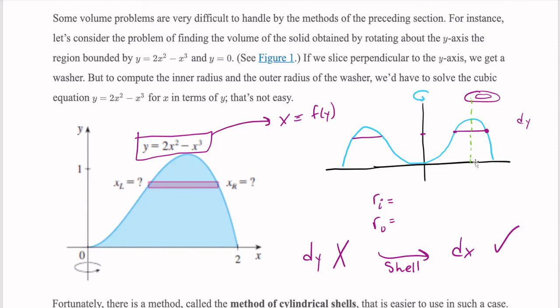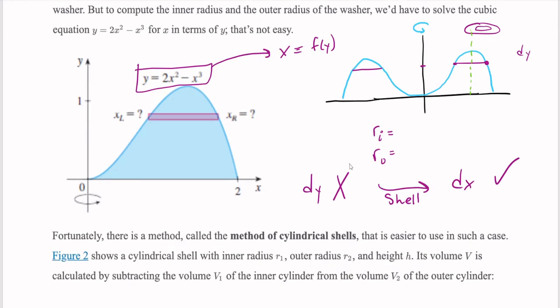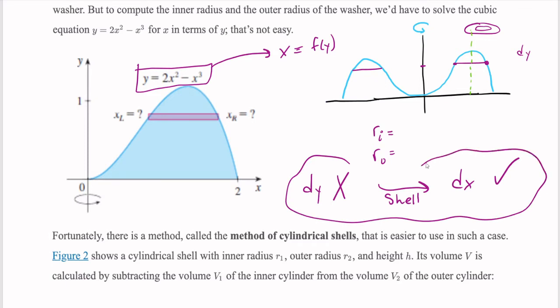But maybe I have a function that I can't solve for x's, and I'm like, oh no, that's not going to work. I use shell, it flips to dy, and it's going to work. So key point here, the shell method lets us take a dy situation, like this picture, and do a different thing so that we're in dx's.